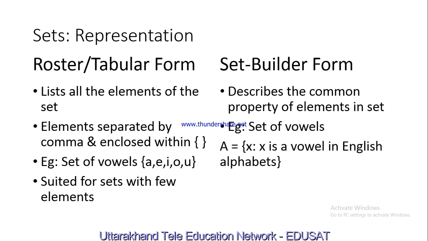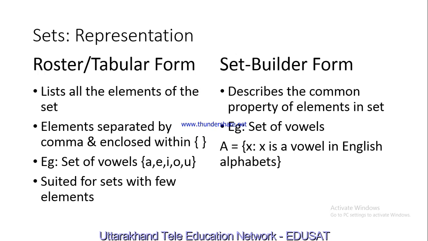Now see, this is the representation. This one is the representation in the set builder form. A is equal to, curly brackets have started, and then we'll be ending also with curly brackets, and the colon sign that you see here, we will be terming it as such that.